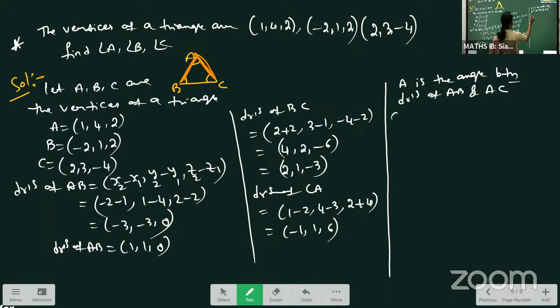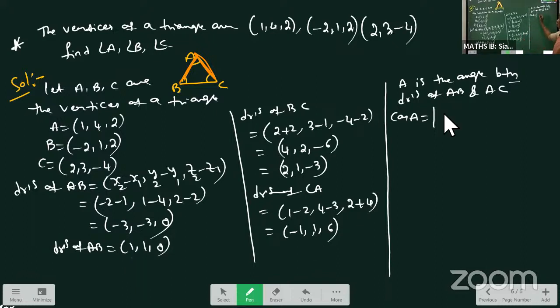So come on, cos A is equal to, we have a formula, directly substitute A1 A2, B1 B2 plus C1 C2. DRs of AB are A1, B1, C1 and DRs of AC are A2, B2, C2.